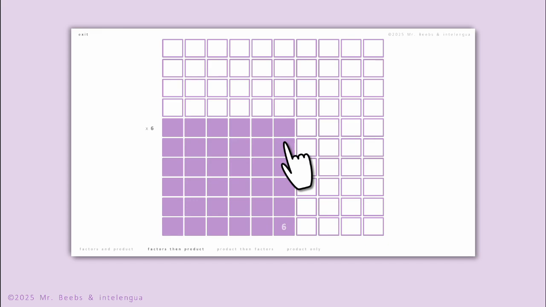That's called a square. Click again to show the product. 36. 6 multiplied by 6 is 36. 6 squared is a quick way to say 6 multiplied by 6. 6 squared is 36.